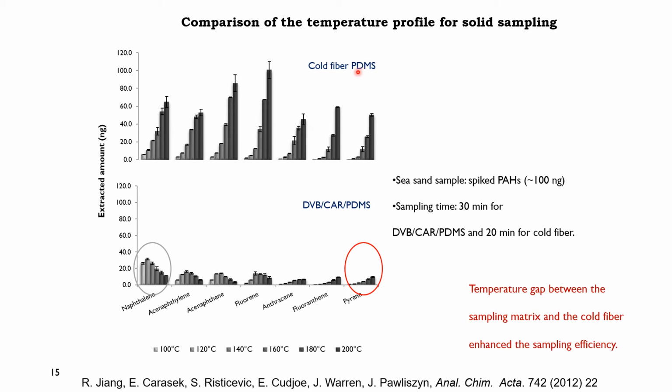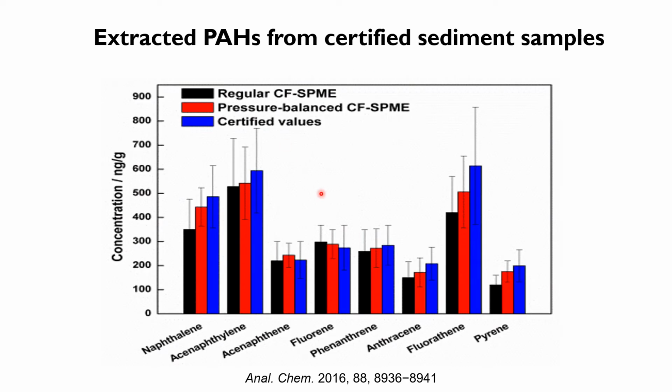even with a weak sorbent like PDMS, you will extract much more, and there is no loss in sensitivity for naphthalene because you keep the fiber at a constant temperature despite increasing the vial temperature. So this is called the cold fiber SPME approach. And we recently did validation of this approach versus certified values based on Soxhlet extraction.